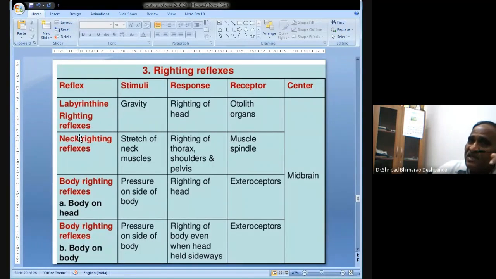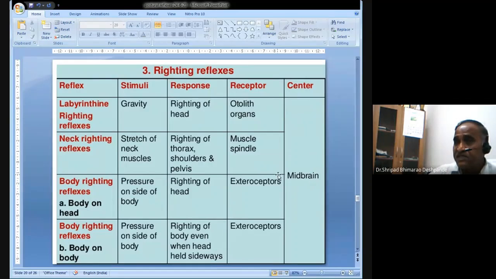This labyrinthine righting reflex starts with gravity and the righting of the head over the body. Righting of the head means the positioning of the head in relation to the body. Here the activation is coming from the gravitational pull. The otolith organs are participating.